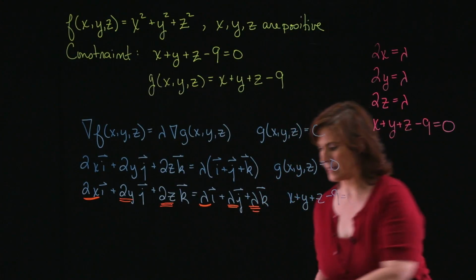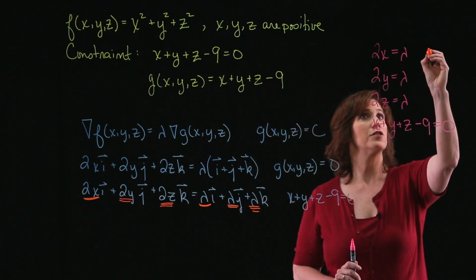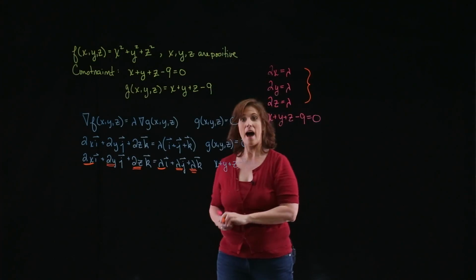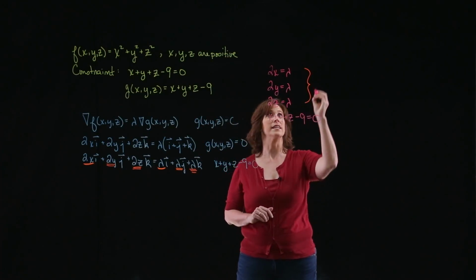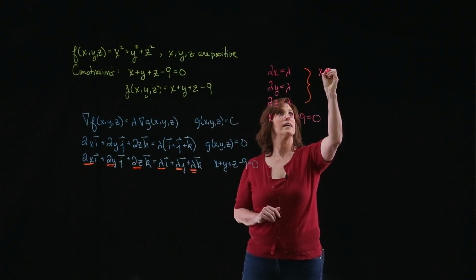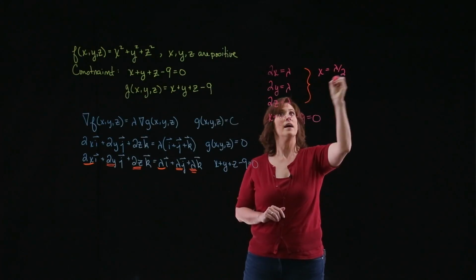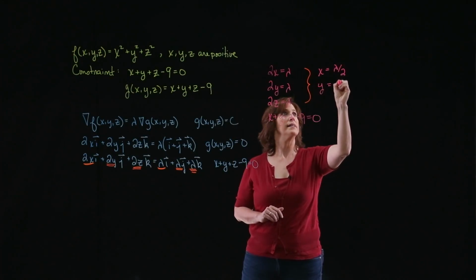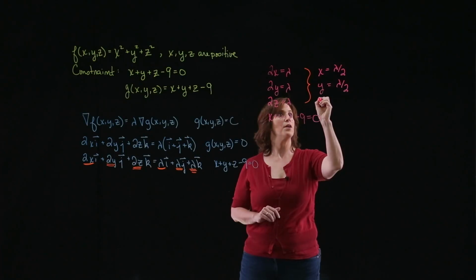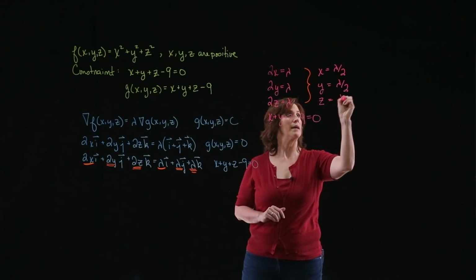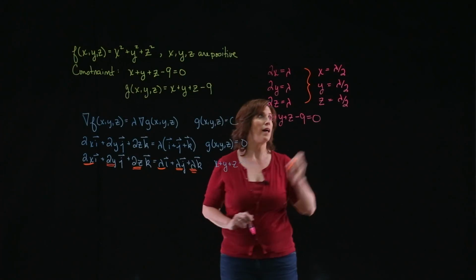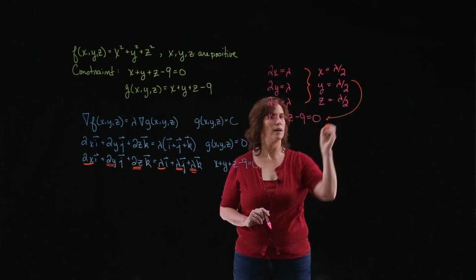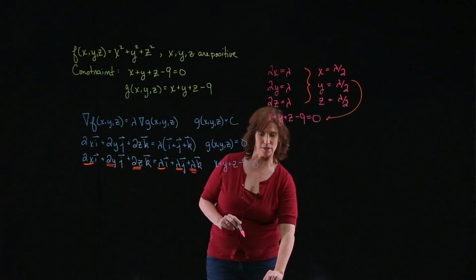Now, if I look at these first 3, I can solve each of them, one for x, the second one for y, and the third for z. So I know that x is lambda over 2, y is lambda over 2, and z is lambda divided by 2. I can take these and plug them into my fourth equation.